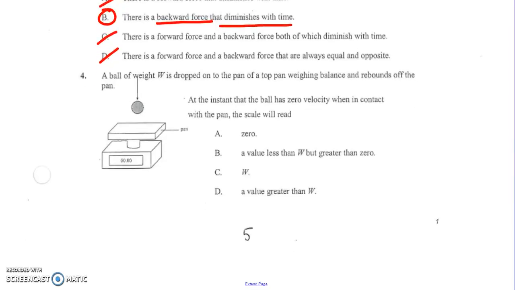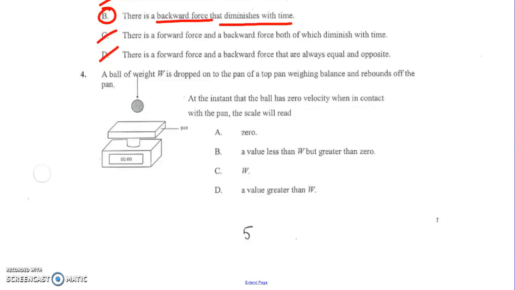All right, and then the last one here on this page 5 is a ball is dropped and it's going to rebound off the pan. At the instant the ball has 0 velocity when in contact with the pan, the scale will read. Some of you may want to say that it's equal to W. But remind yourselves that even when the velocity is 0, the next instant of time, the velocity will be going up, meaning that the acceleration is up.